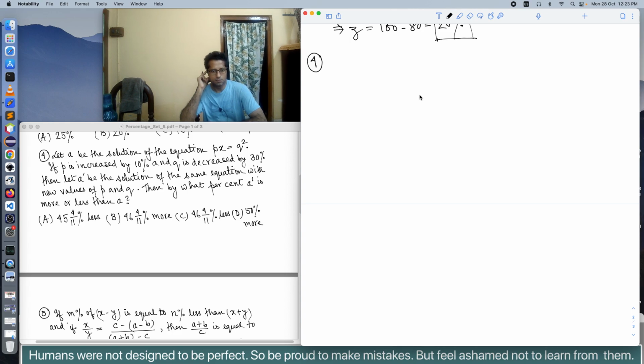If P is increased by 10% and Q is decreased by 30%, then let A dash be the solution of the same equation with new values of P and Q. Then by what percent is A dash more or less than A?